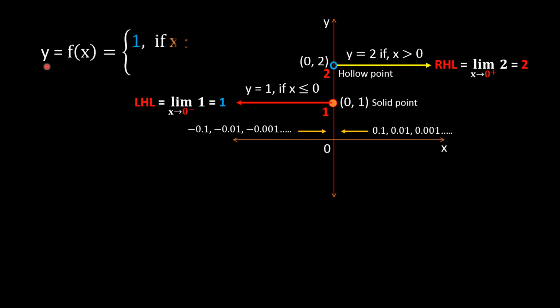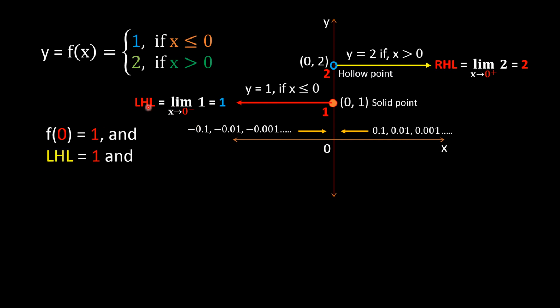In this example, the piecewise function is as above, and we must note that f(0) equals 1, which means the value of the function f(x) at x equals 0 is 1. Left-hand limit is 1. Right-hand limit is 2.